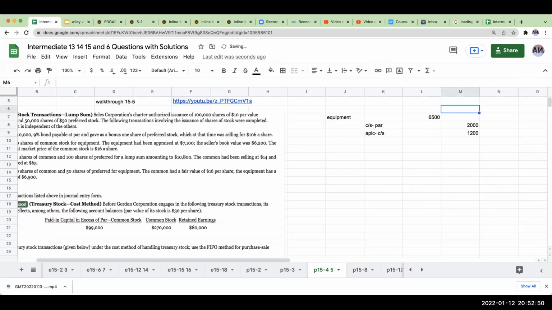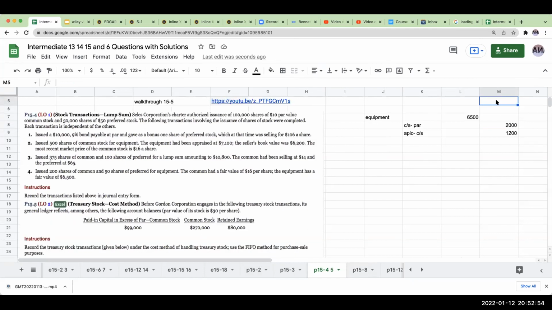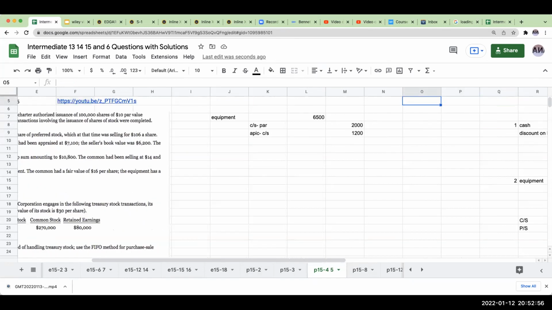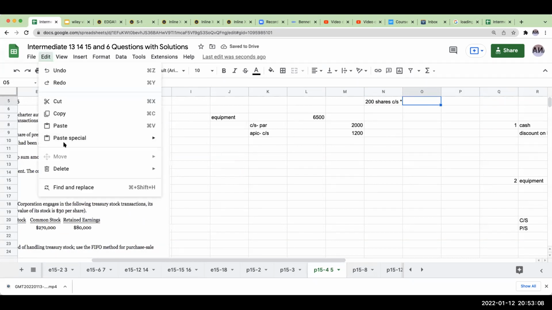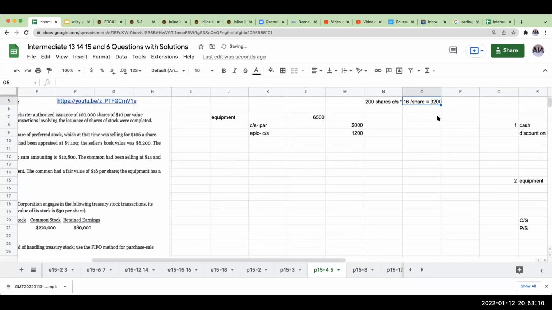Okay, so let's break this down. I've got 200 shares of common stock at 16 per share. So this is a total of 3,200. I'm going to assign this to 200 at 10, and then this is going to be 3,200 minus 2,000.